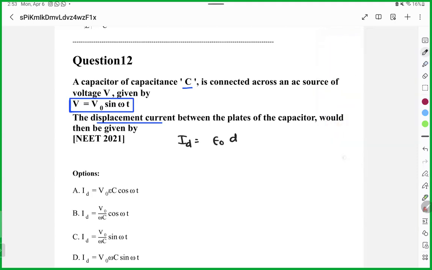Epsilon naught d phi E by dt. No, sir, it's option A. This is electric field into area by dt. Then area will come out. What will be dE by dt?